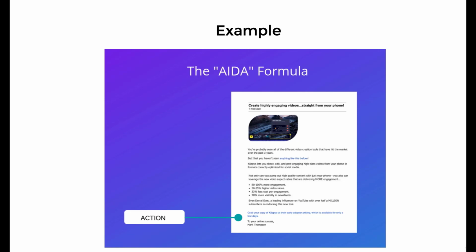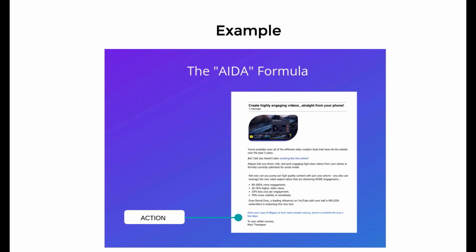Now, the final part of the AIDA formula is action. This is where you want them to take the next step. Once you've stirred up enough desire in your prospects for what you're offering, you have to let them take an action to close the deal, like buying the product, signing up for the newsletter, or following you on your website.